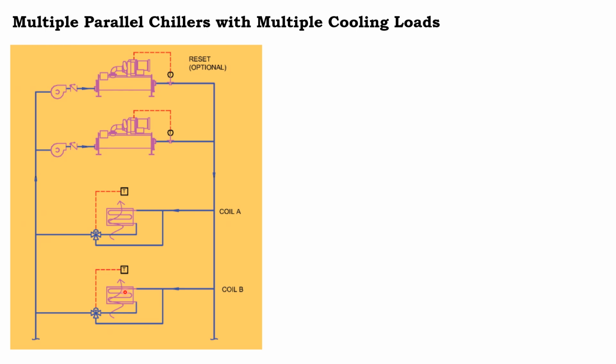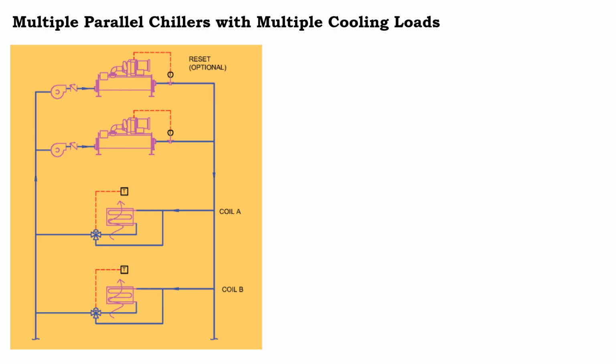When one coil is not requiring any water because of no operation or no demand at the load side, in that particular case 50% of the water is going to be bypassed, and coil 1, which is at full load, is only going to experience 50% of the flow. In that case, the second pump also needs to be running to ensure that the coil is getting water. Sometimes the chiller also needs to be operational, which creates inefficiencies in the system.